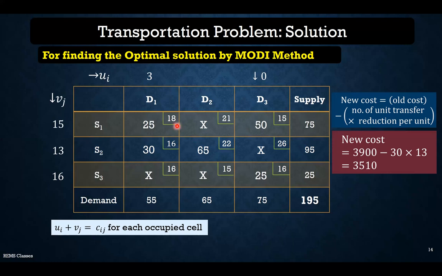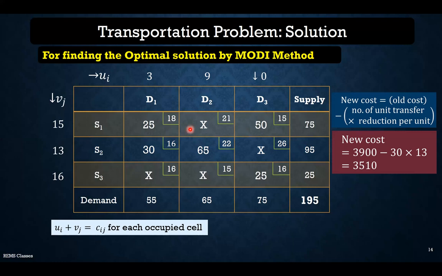Again, if you use this formula for this occupied cell, if it is 22, then 22 will be equal to this plus this. If it is 13, then U2 will be equal to 22 minus 13, which is 9. So likewise, we have calculated the values of Ui and Vj for each row and each column.